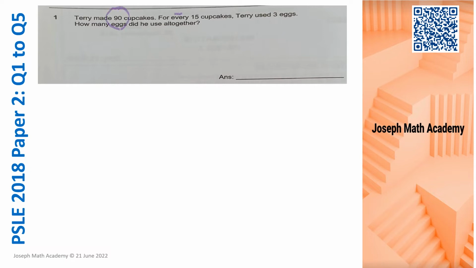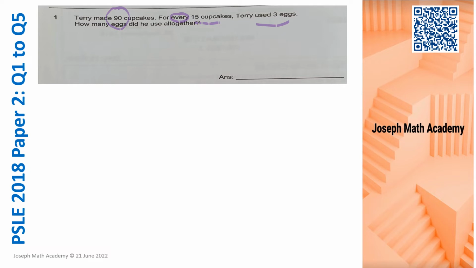For every 15 cupcakes, Terry used 3. Now, from here, I pick up a very important keyword, for every. Now, when I see for every, immediately I know that I have to apply something related to ratio. So for every is actually involving ratio.